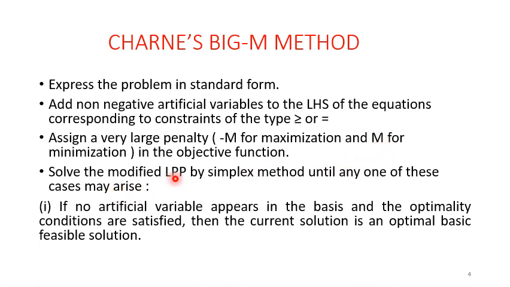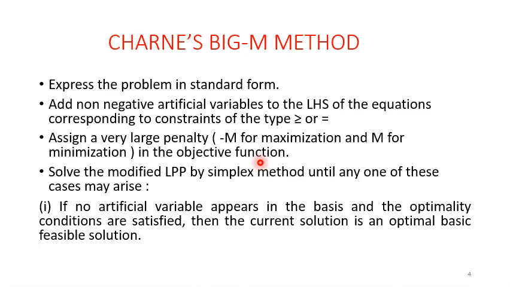Now solve the modified LPP by the simplex method until any one of these cases arises. From this third step onwards, once you have introduced the artificial variables and the surplus variables, we are not using slack variables. Slack variables are used only when LHS is less than or equal to RHS.